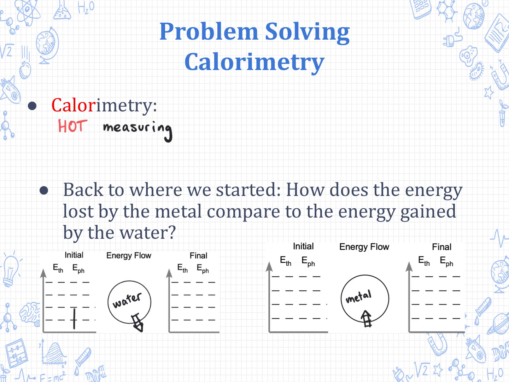So they didn't go through any phase changes in this lab. Water stayed a liquid, the metal stayed a solid, but they both underwent a temperature change, a transfer of thermal energy. So in that lab, water had lost thermal energy, but the metal had gained a similar, we assumed the same, amount of thermal energy.